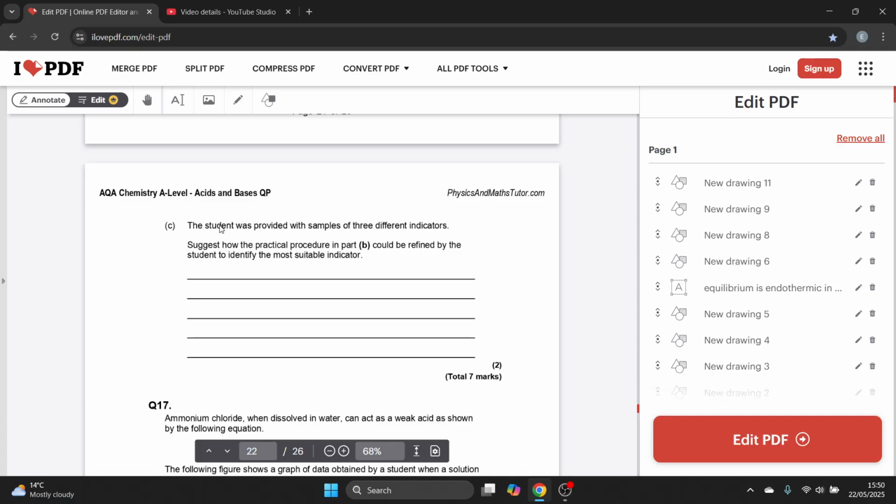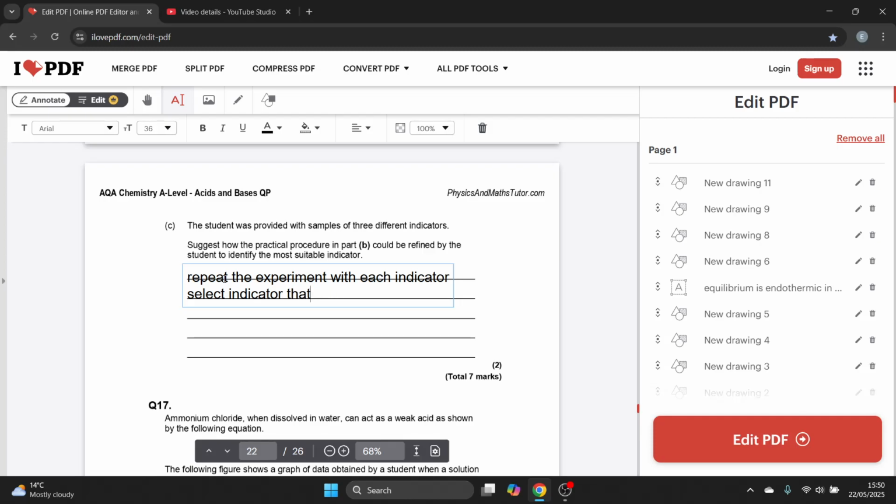Suggest how the practical could be refined to identify the most suitable indicator. Anytime it asks you how the practical could be refined, just think logically. Just repeat the experiment, in this case with each indicator, and select the indicator that changes color rapidly. If I just said that, I don't think I would have got the mark.